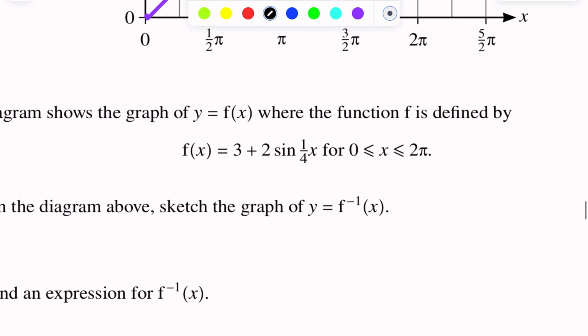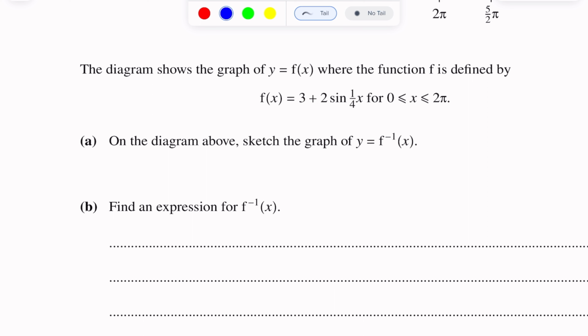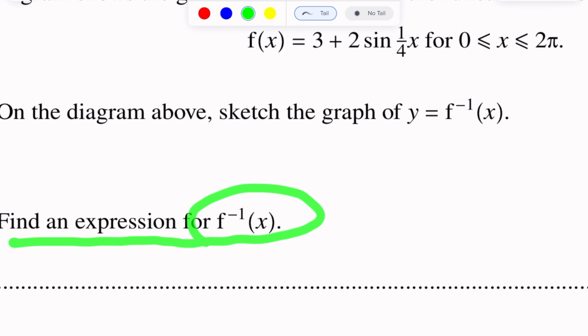Now part B. Find an expression for f inverse x.